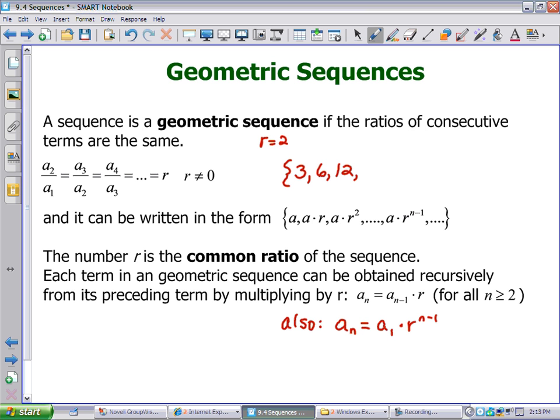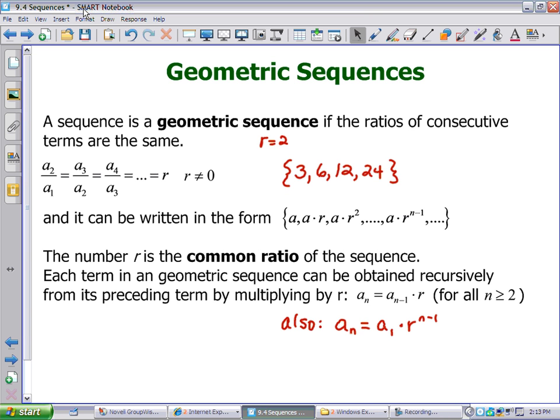The next term would be 3 times 2 cubed, which is 8. 8 times 3 is 24. You can see that when you divide each term, 24 divided by 12, I get 2. 12 divided by 6, I get 2. 6 divided by 3, I get 2. Those are your common ratios.